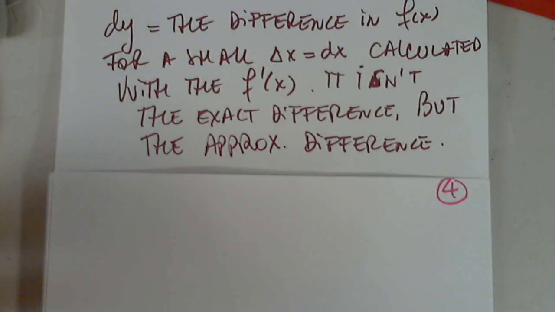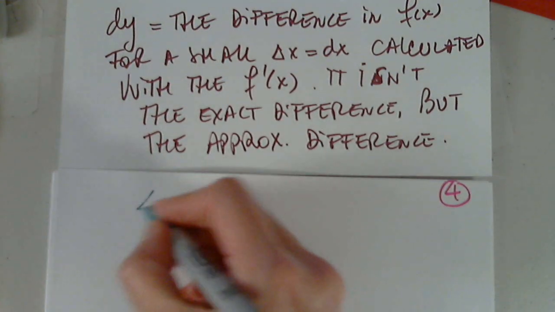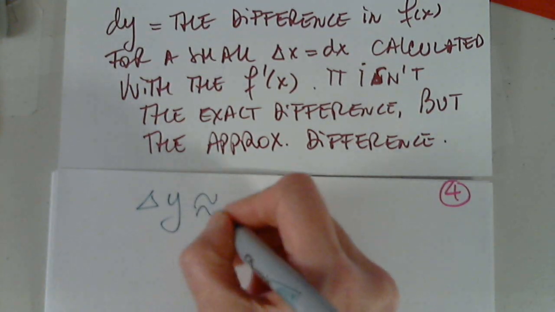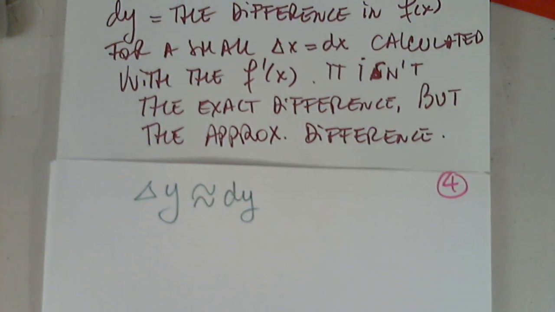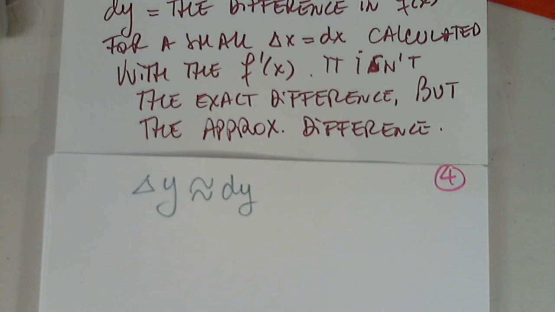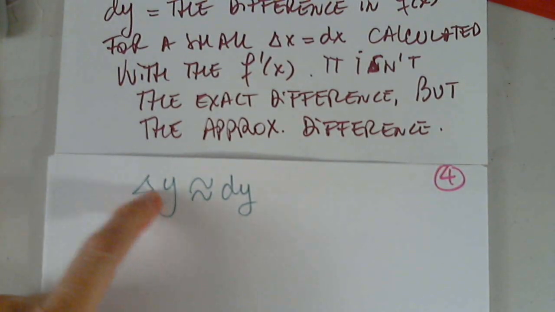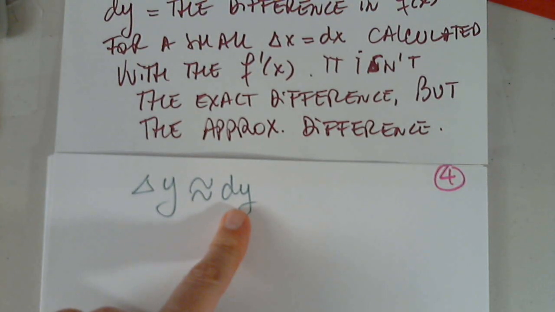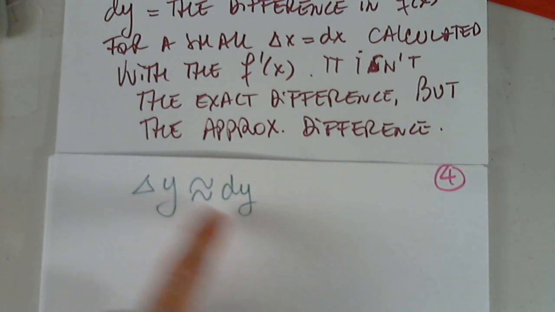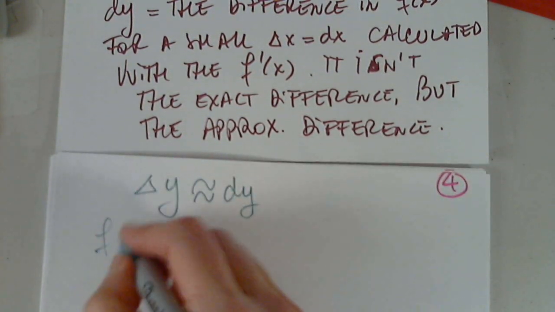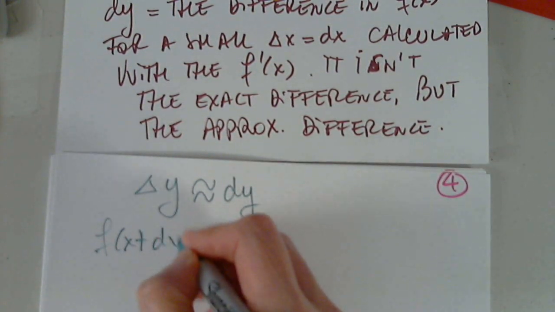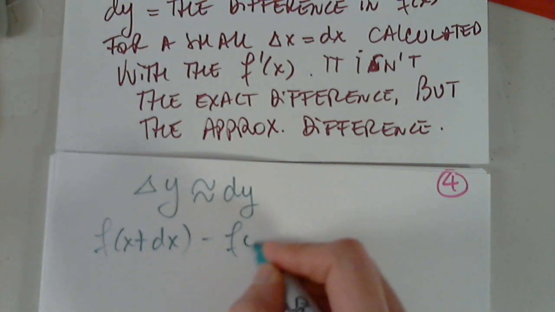So at this point, I would write that delta y is approximately dy. I could never use the equal symbol. This is determined with the function values, and this is determined with a derivative. I will copy their formulas. So this is f of x plus dx minus f of x.